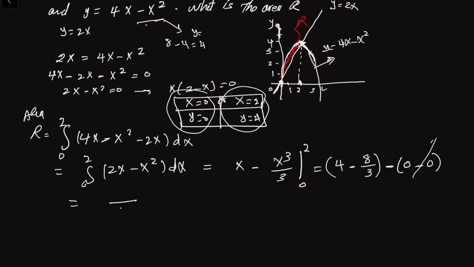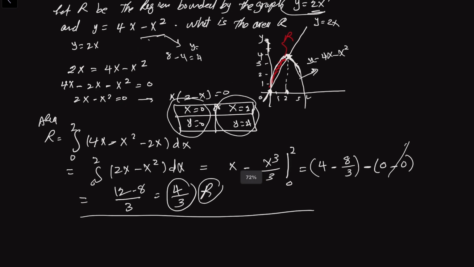Take the 3, common denominator. So it will be 12 minus 8 will be 4 over 3. So that's my R here. That's the area for the region bounded by the two functions. All right? Okay, so that's for this problem.